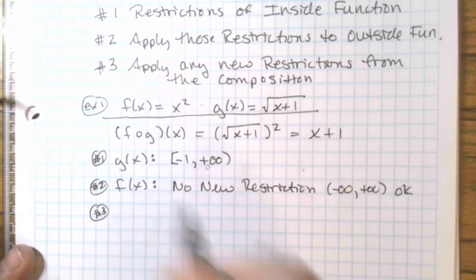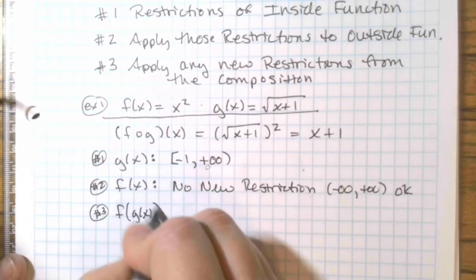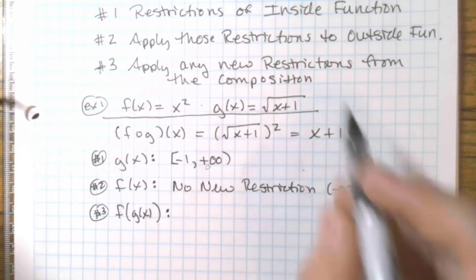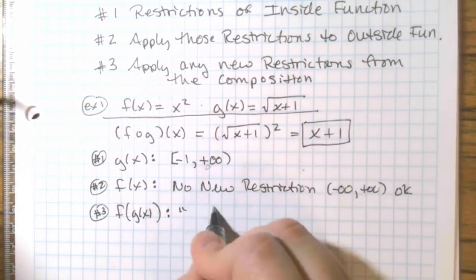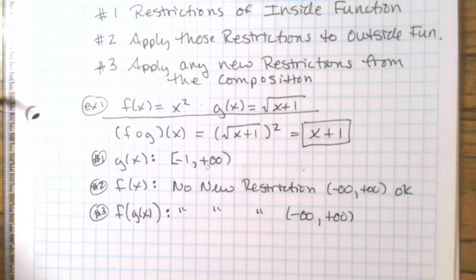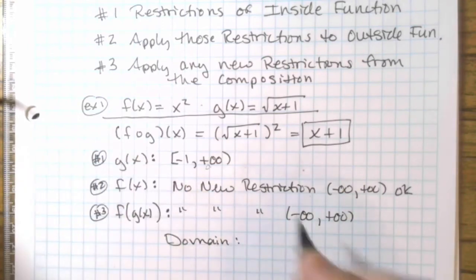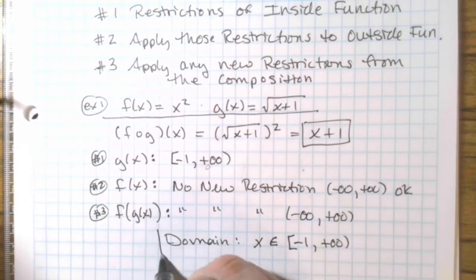Number 3, we're going to do the composition, f of g of x. Looking at the composition, it's x plus 1. Well, that's just a line, and that would be no new restrictions because lines are -infinity to +infinity. So for the domain of the composition, the only restriction was put on it by g of x. So the domain is x is an element of the set from -1 inclusive up to +infinity.